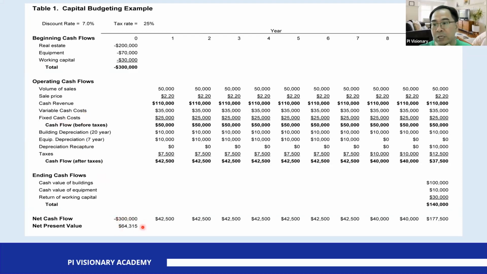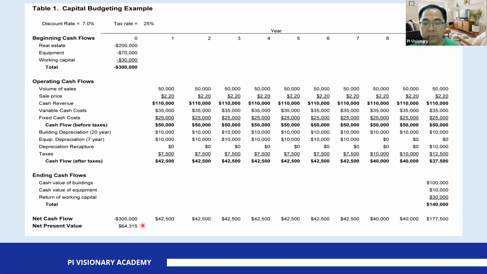If the number is positive, that means the cash received from the 10 years minus the cash paid out after 10 years, and compared against the cost of investment, the discount rate.